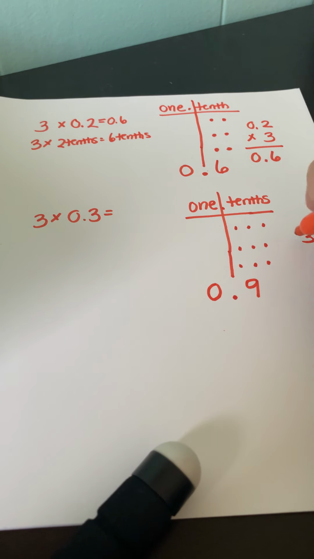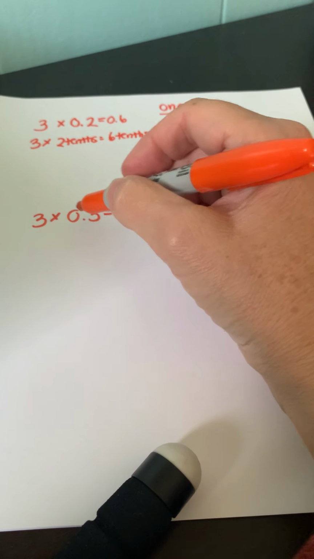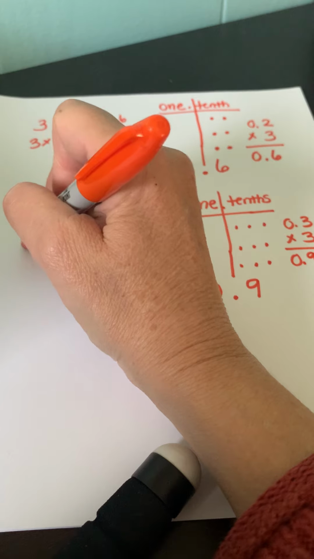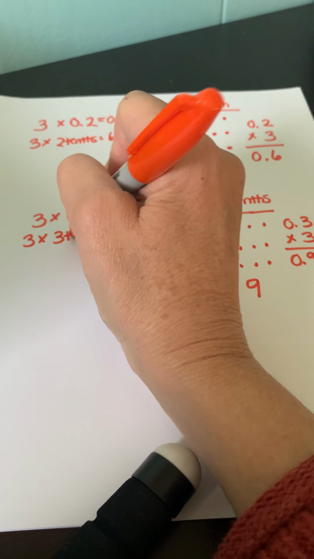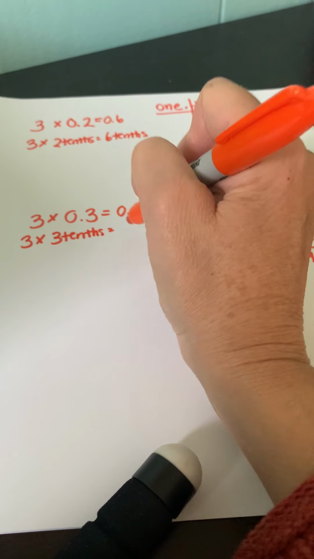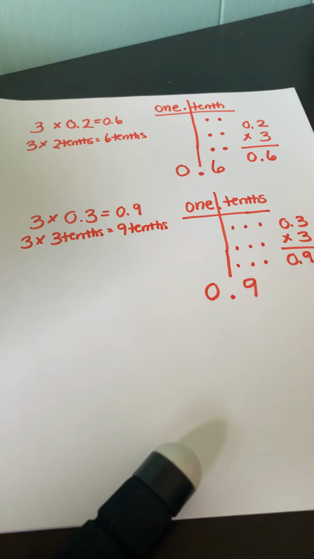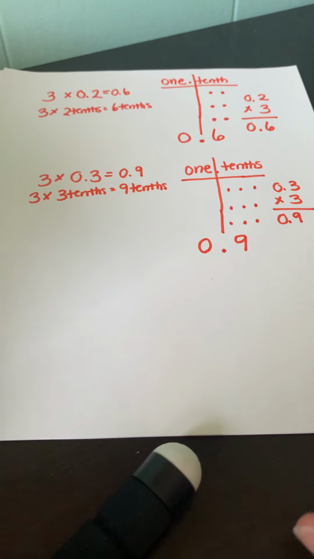If I wrote it with my standard algorithm, 3 times 3/10. 3 times 3/10 is 9/10. 3 copies of 3/10 is 9/10. 3 times 3/10 equals 9/10. I hope this is making sense to you so far.